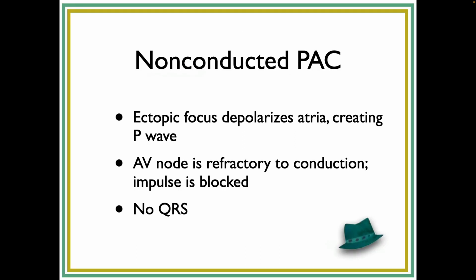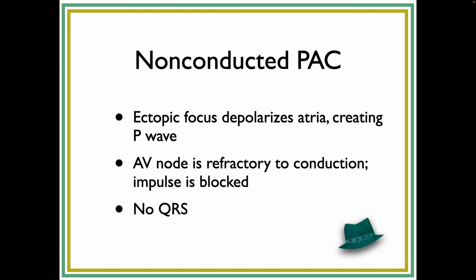Now, there's something called a non-conductive PAC. The ectopic focus depolarized the atria, and we know it's an atrial ectopic focus because it's a PAC. Let's say the misplaced pacemaker is right in the middle of the atria. It depolarizes the atria, and that creates a P wave.